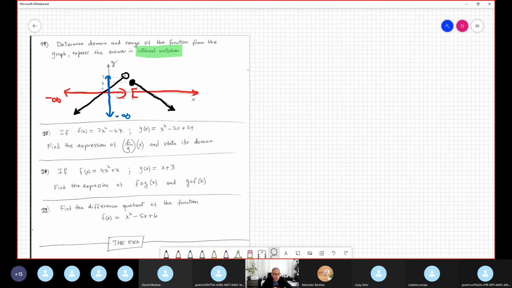Okay. Number 20 is a combination of two functions. We have the function f, 7x squared minus 6x. We have the function g, x squared minus 2x plus 24.